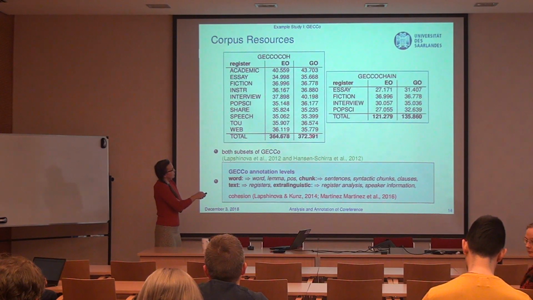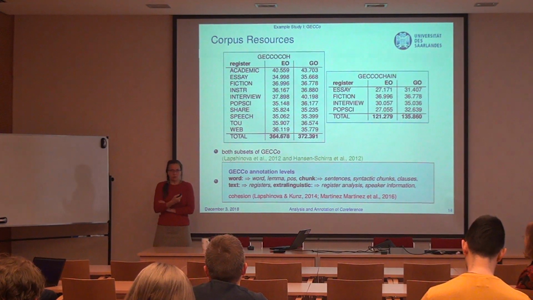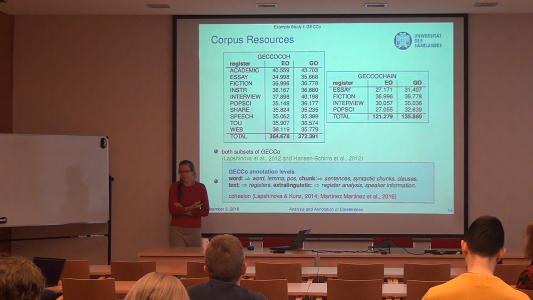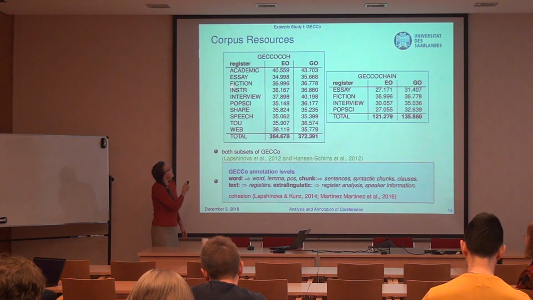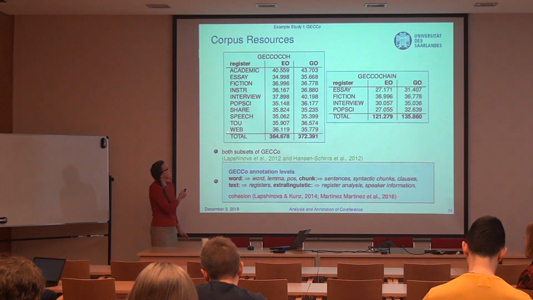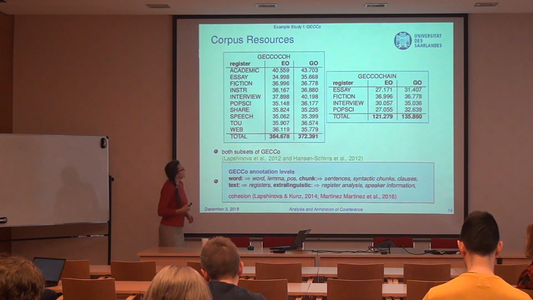And this is the number of tokens; the size of the corpus is not that big, just because it was annotated manually. But we have English and German, and we have several registers, like academic speeches, political essays, fictional texts, instruction manuals, interviews, popular scientific texts, letters to shareholders, political speeches, tourism leaflets, and a subcorpus called web.